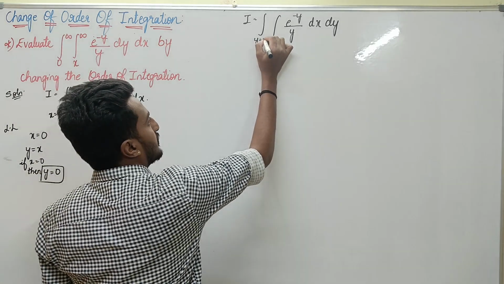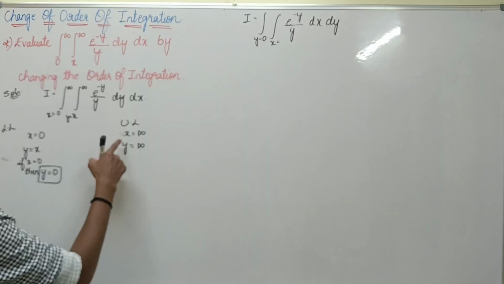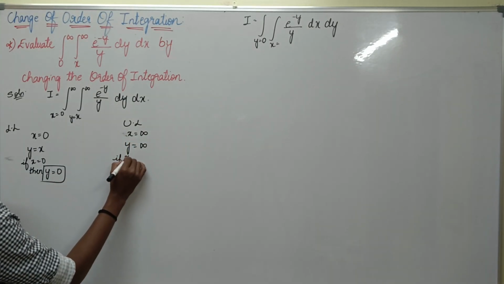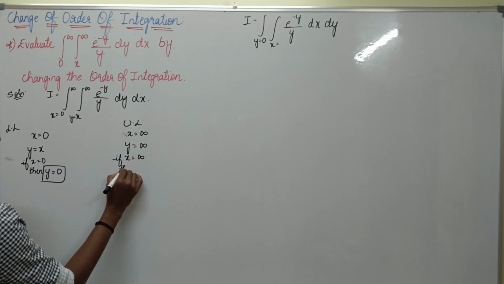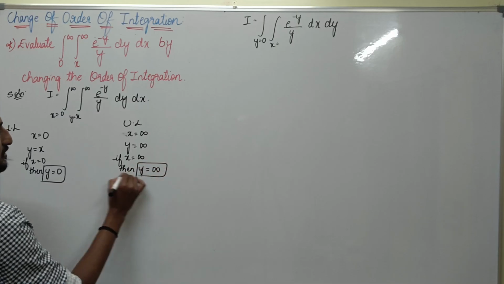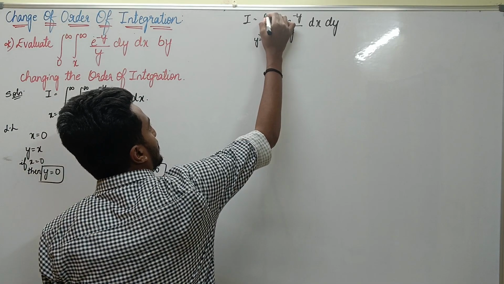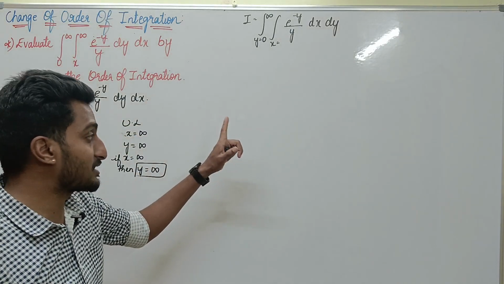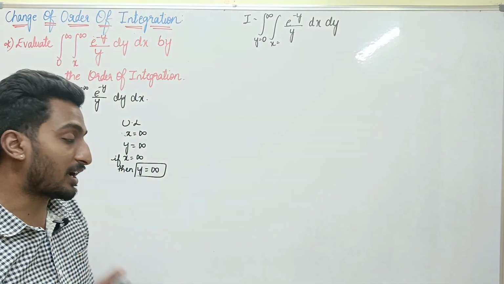What will be the limit point? y equal to 0. Or if x equal to infinity, then y is also equal to infinity. Upper limit also infinity. But to represent the variable x, now I need to represent the graph.